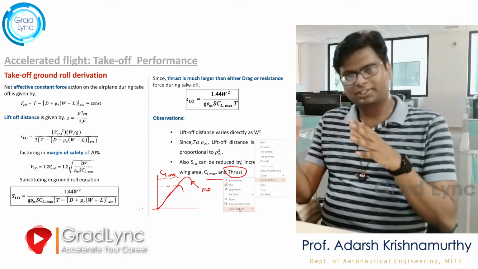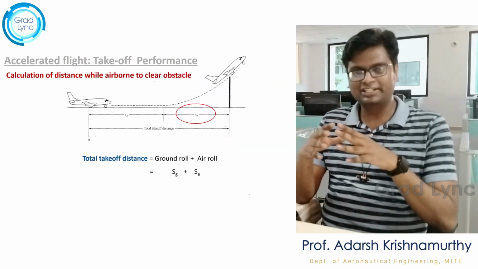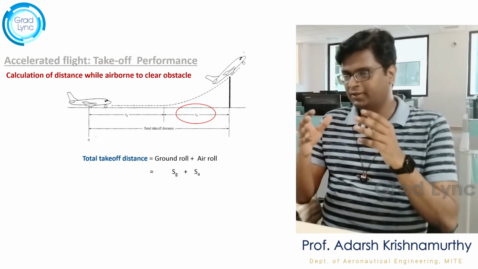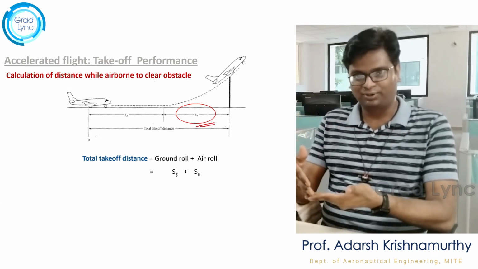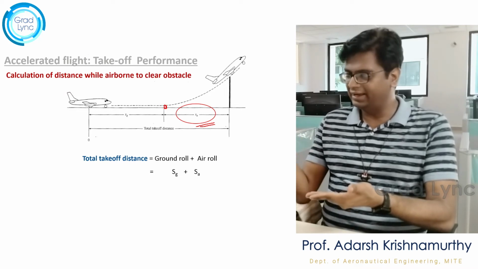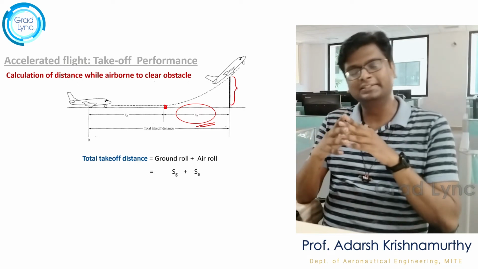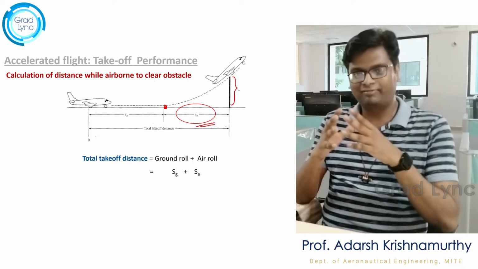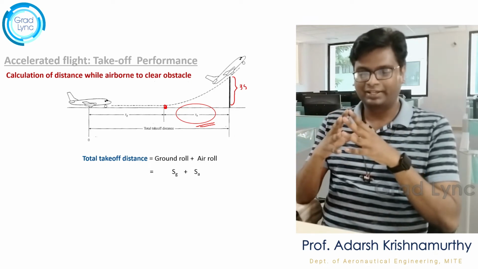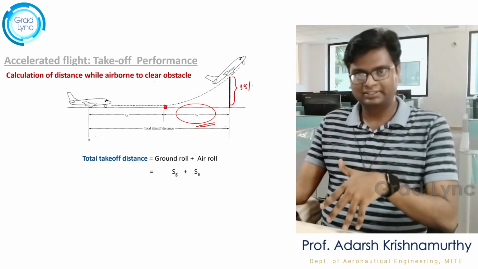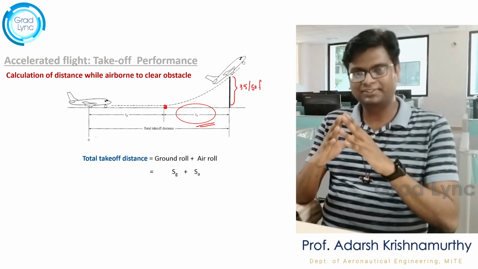Now, let's move on to the second part of the takeoff distance, that is the air roll, represented by SA. Once the aircraft lifts off from the ground and until it clears the obstacle, which for passenger aircraft is 35 feet and for military aircraft is 50 feet, up till that point we will calculate the distance traveled by the aircraft.